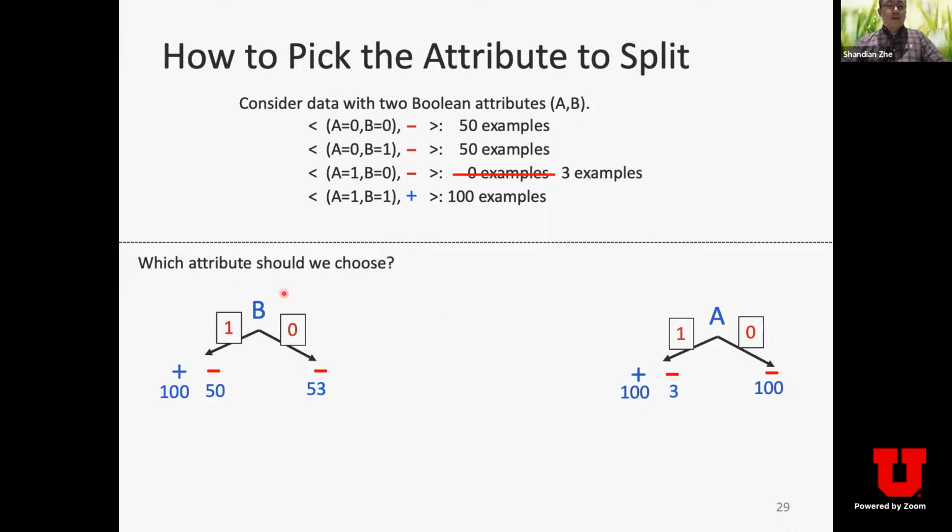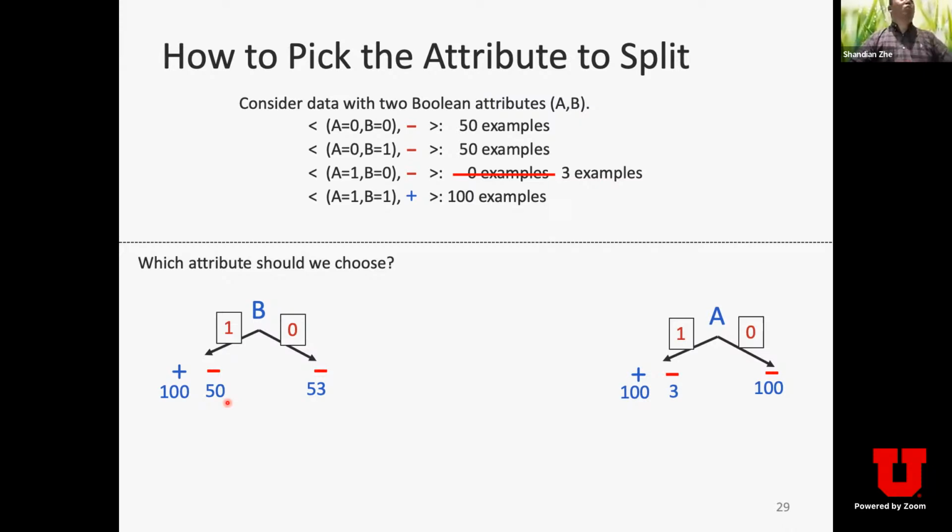When B is 0, we get 53 negative examples, which are uniquely labeled. And when B is 1, we again get 100 positive examples and 50 negative examples. So we can see that using either attribute wouldn't give you uniquely labeled subsets.